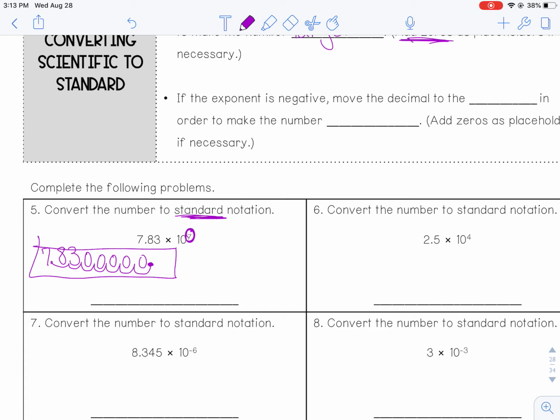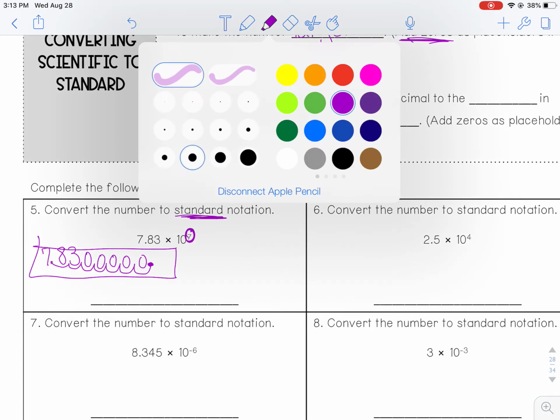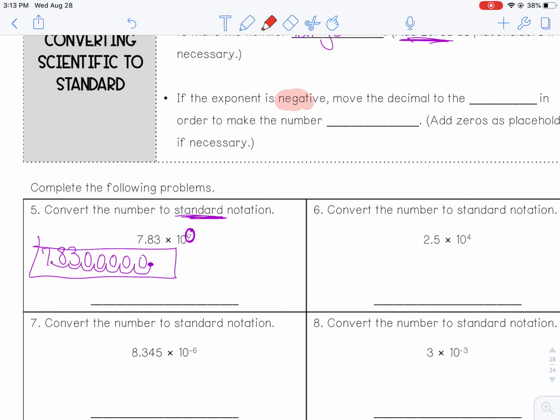My exponent tells me how many jumps, how many moves I'm making. But sometimes that exponent is negative, like this right here. So my exponent is negative. I'm going to move my decimal to the left to make my number smaller.